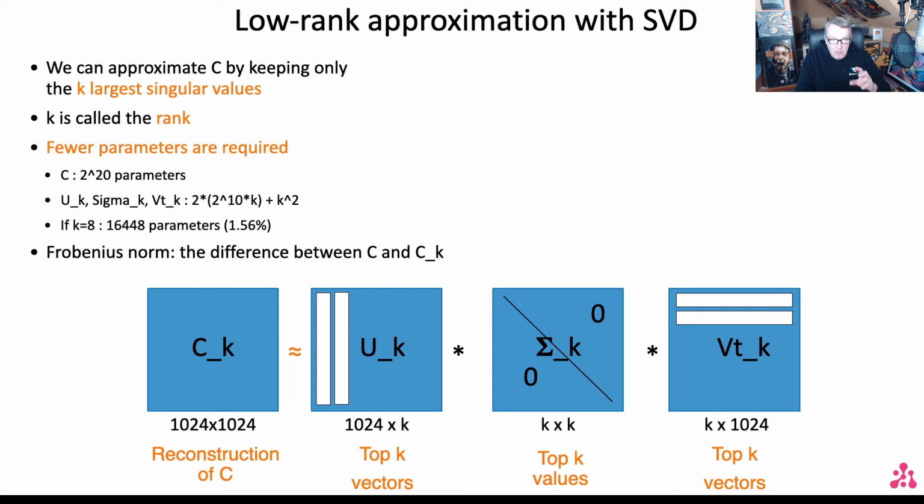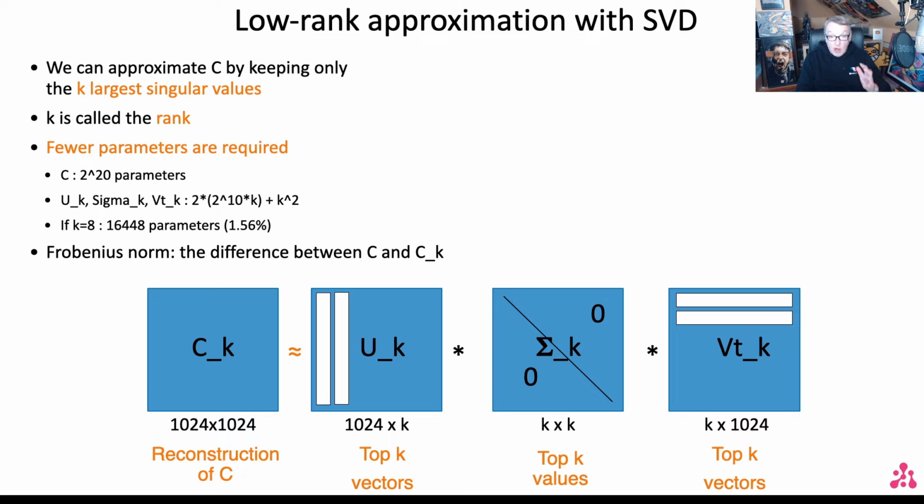This is awesome, because thanks to low rank approximation, we can approximate that million plus parameter C matrix with only 16,000 something parameters, about 1.5%. So now you know where we're going with this.